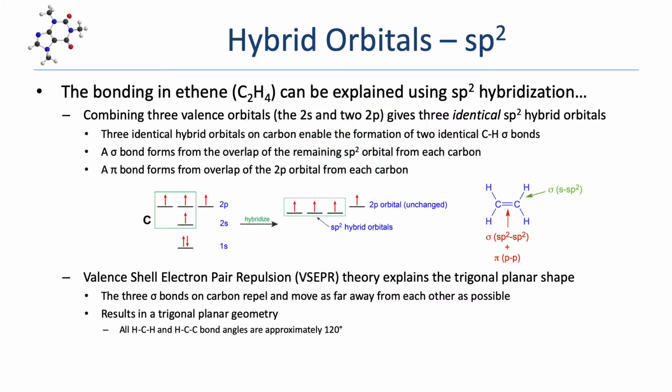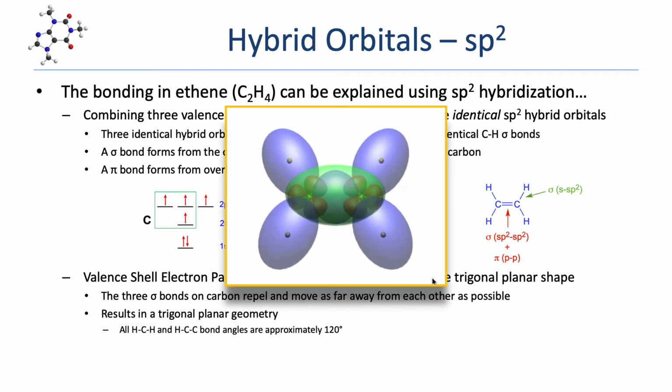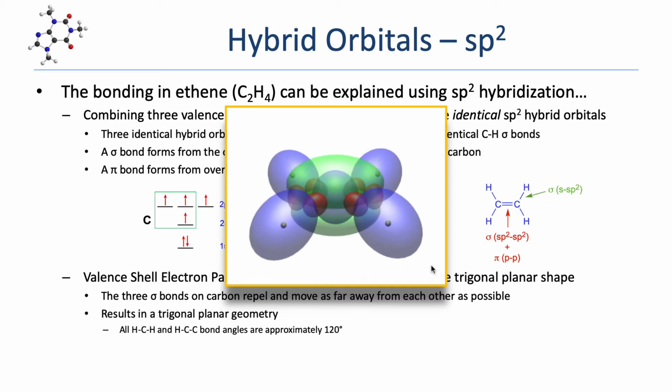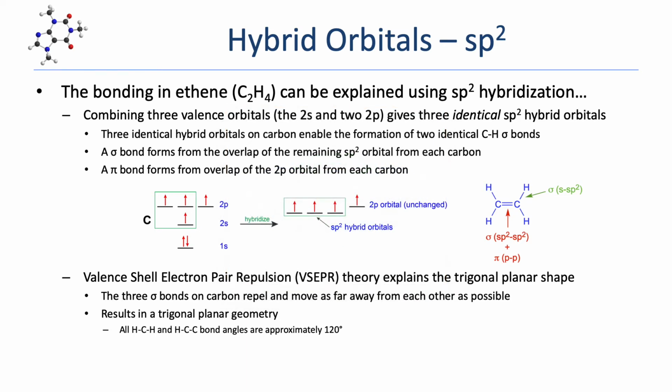Now, in ethene, what we have are two carbons that are bonded together, and then each carbon also is bonded to hydrogens. Using these hybrid orbitals and that leftover p orbital, we can actually describe ethene. Of the three sp2 hybrid orbitals on each carbon, two of them form sigma bonds to hydrogens. The third sp2 orbital then overlaps with one of the sp2 orbitals on the other carbon. Think back to ethane, right?